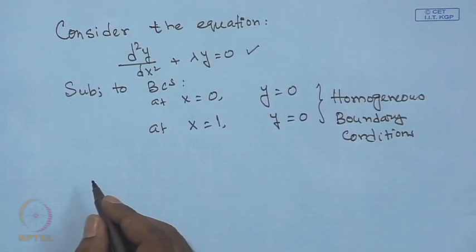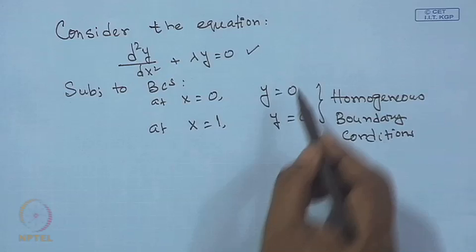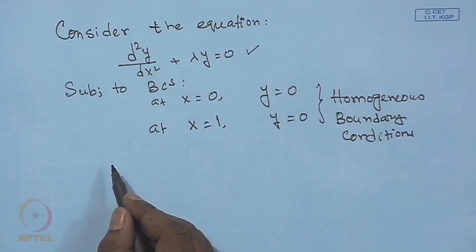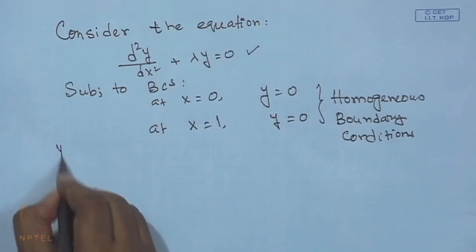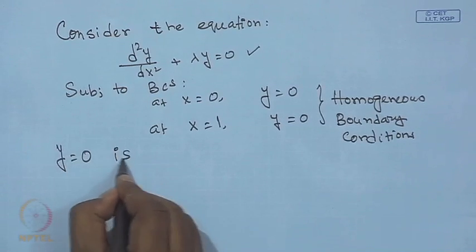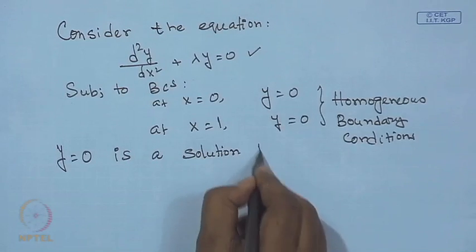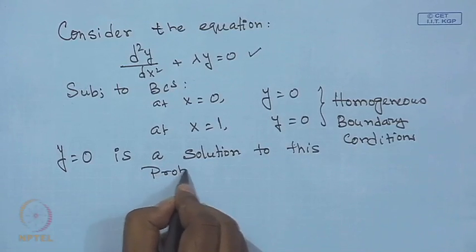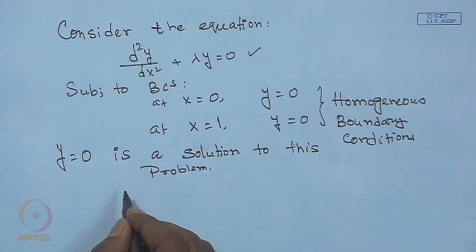Now clearly, the governing equation and the boundary conditions are satisfied by the solution y is equal to 0. So, y is equal to 0 is a solution to this problem, but this is not the solution that we are looking for.